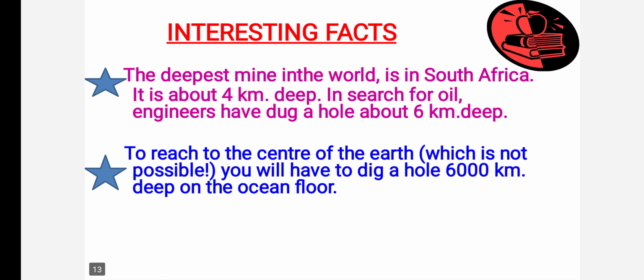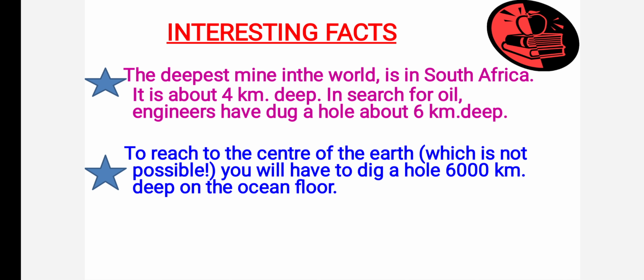Now let's see the interesting facts about our earth, children. The deepest mine in the world is in South Africa, which is about 4 kilometers deep inside the earth. If you want to find or extract oil from the earth, you need to make a hole of about 6 kilometers deep. That's why engineers drill holes about 6 kilometers deep to extract mineral oil like petroleum.